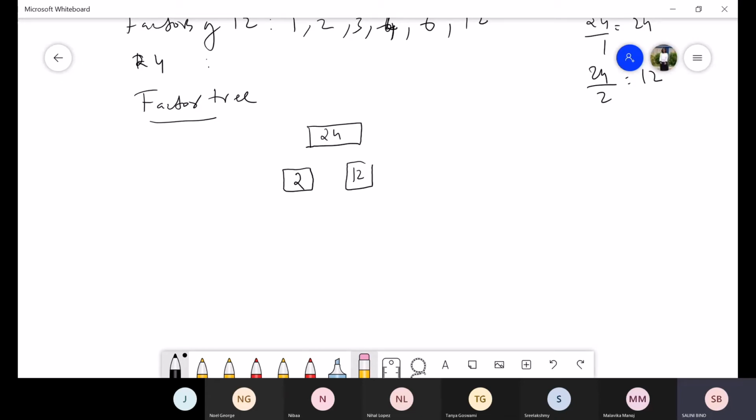That 12 I will write in another box. Again, I can divide this 12 by 2. If I divide 12 by 2, what will I get? I will get 6. Again, if I divide 6 by 2, what I will get is 3.